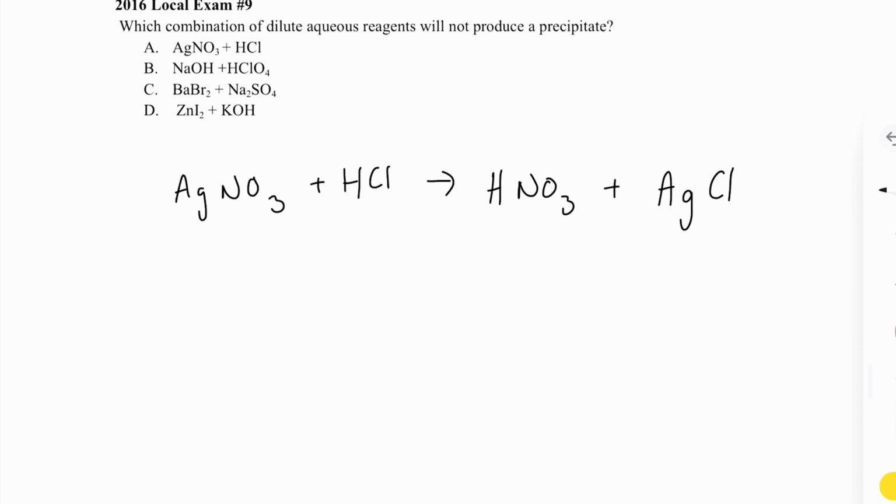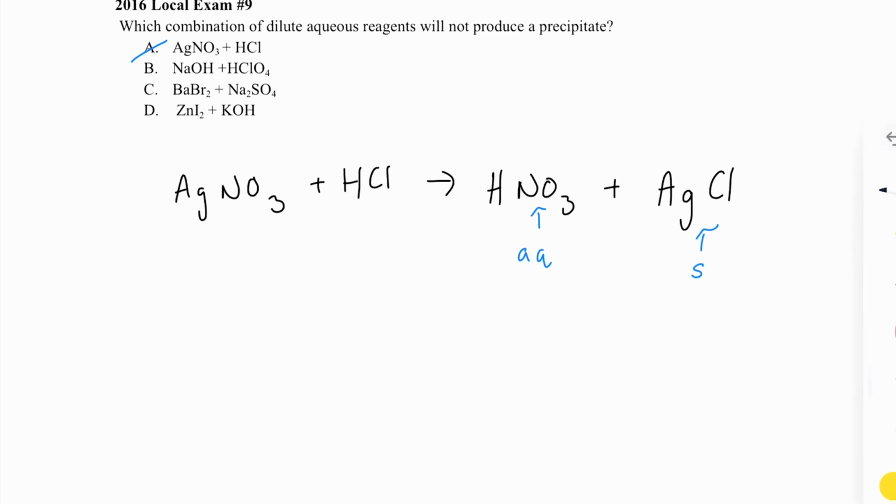Now is when you have to know your precipitation rules. HNO3 is aqueous, and looking from your precipitation rules, silver chloride is going to be a solid. So we do produce a precipitate with answer choice A.